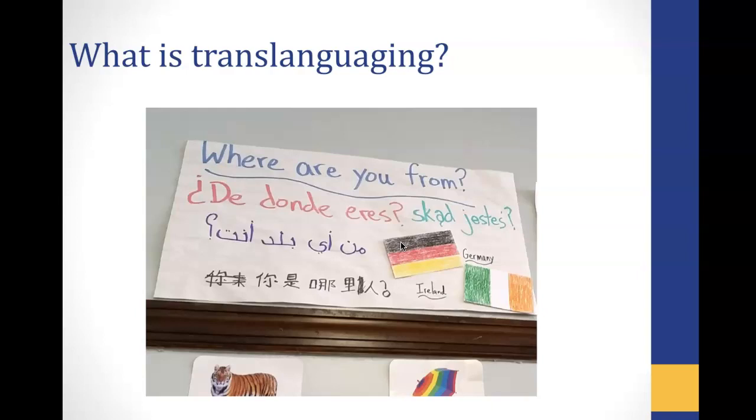So you'll maybe be introduced to some new language in these first couple of chapters. The authors talk about thinking about language as a repertoire.